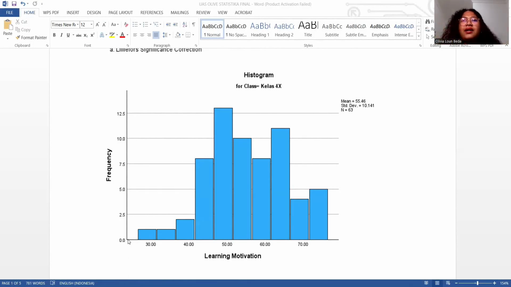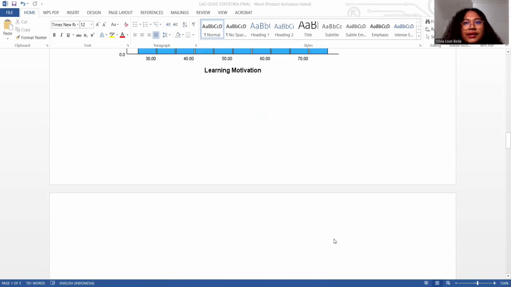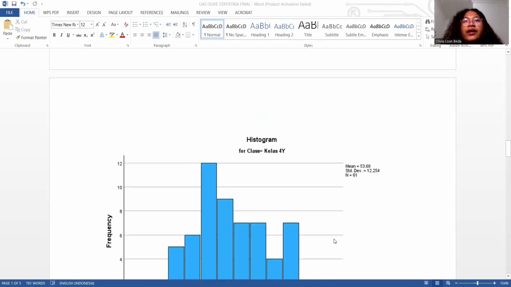It is skewed to the left side. We call this pattern negatively skewed. Even though this histogram is not perfect, it is still a normal histogram.